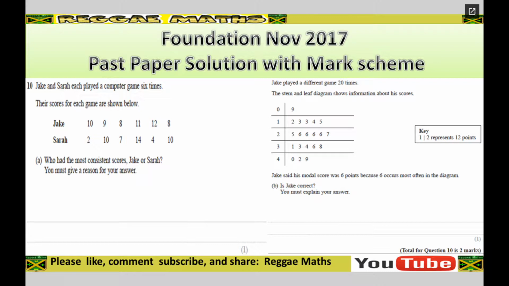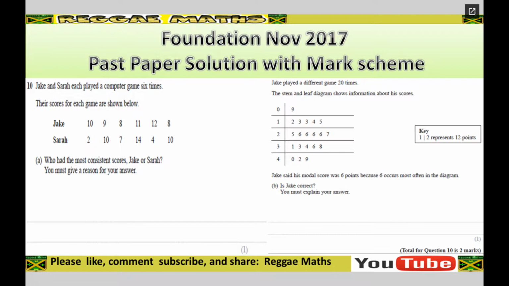Now looking at this question here, question 10, Jake and Sarah each play a computer game 6 times. Their scores for each game are shown. Who has the most consistent score, Jake or Sarah? You must give your reason. So very important that you must give your reason, right?